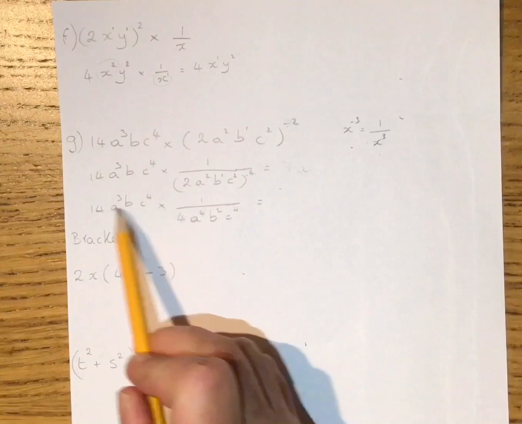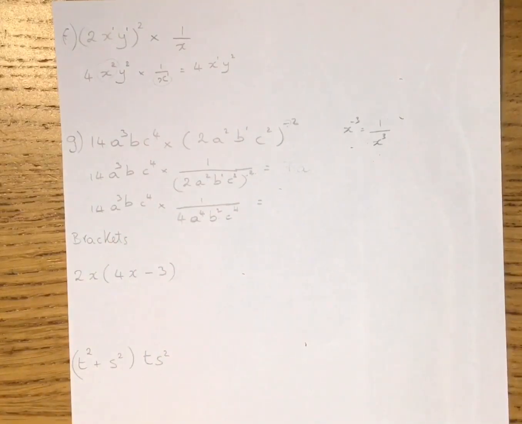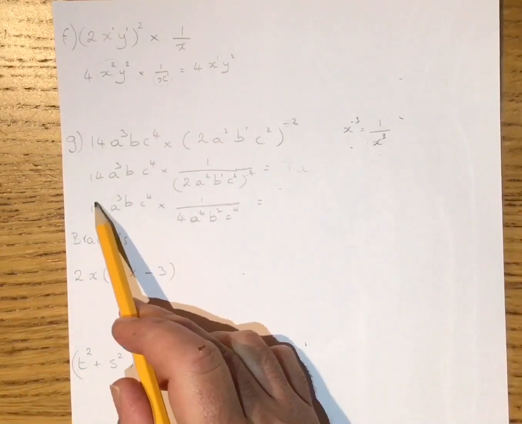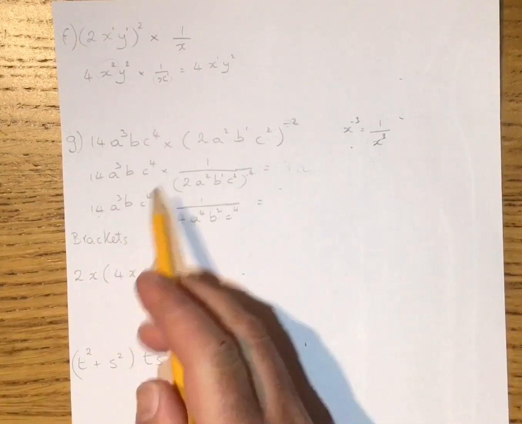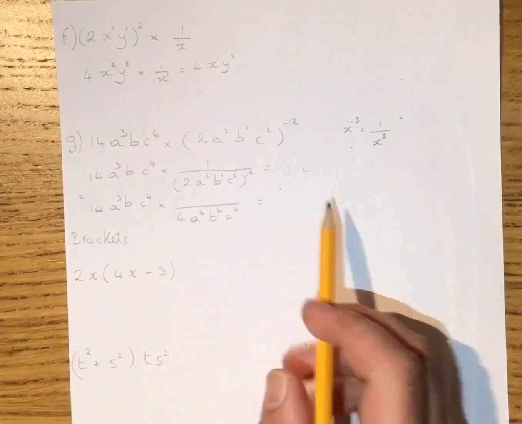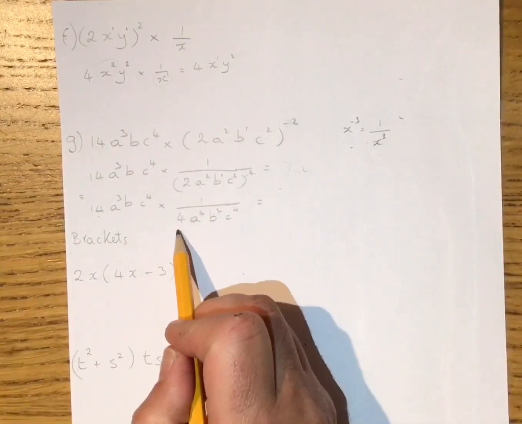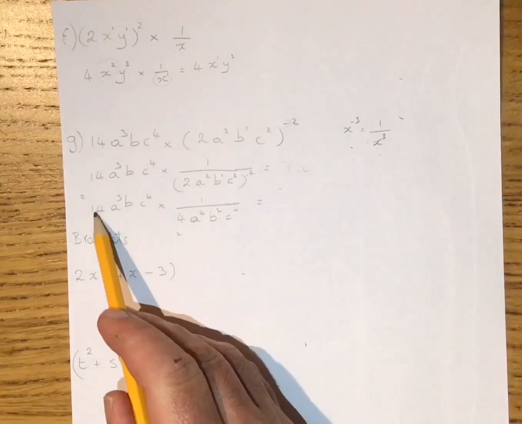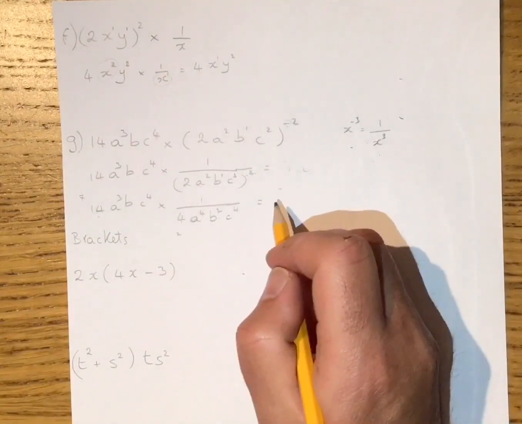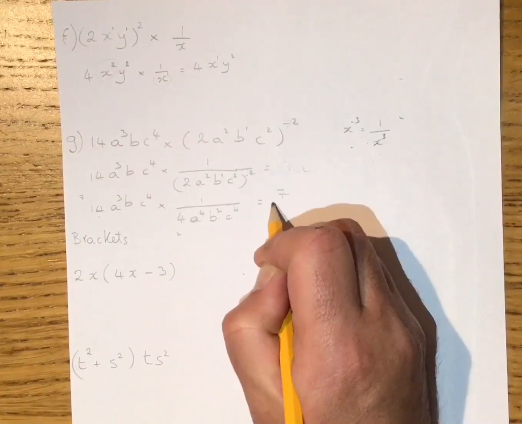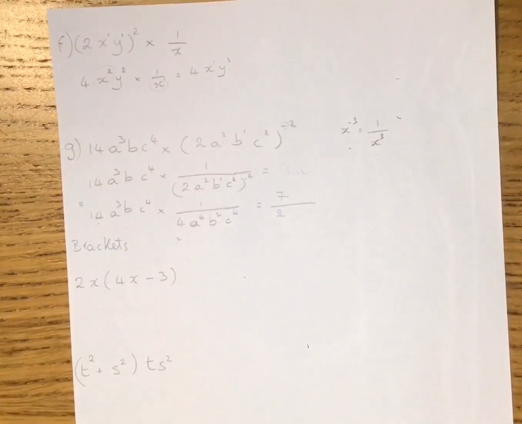Now, the two numbers are both in the 2 times table, so we can see how many 2s can we fit in 14, 7, how many 2s go in 4, and the answer is 2. So the 14 becomes 7, the 4 becomes 2. So that's my numbers, 7 at the top, 2 at the bottom.